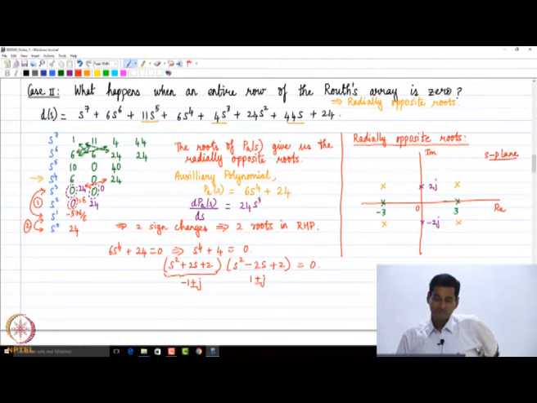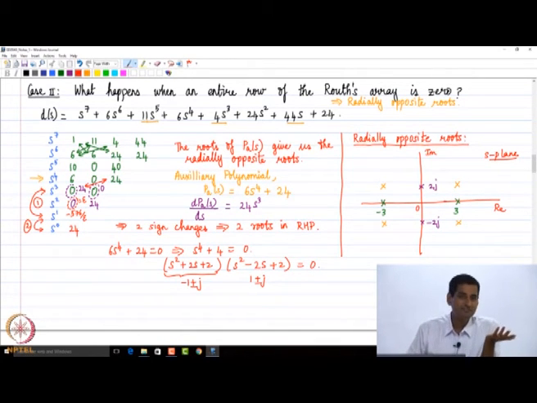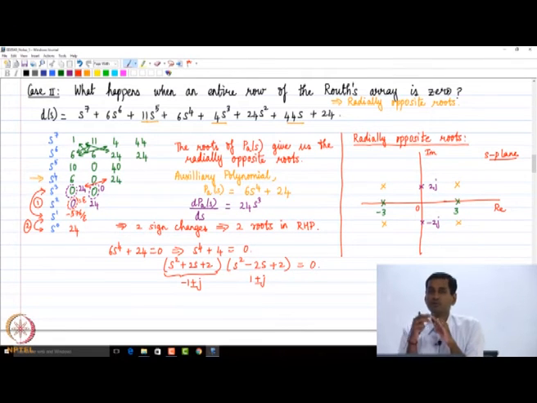That's why we have this sort of array. Consequently 2 roots are in the RHP, and of course the remaining 5 roots are going to be in the left half of the complex plane, because we have ruled out roots on the imaginary axis and there is no root at the origin also. How can you conclude that there is no root at the origin? We discussed this point yesterday.